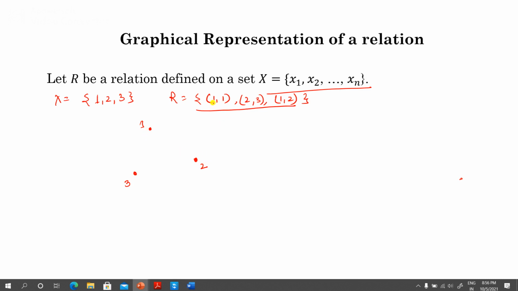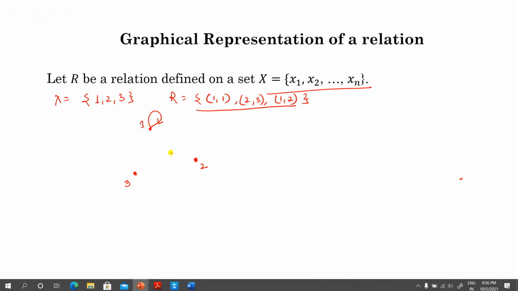Now each ordered pair, (1, 1), we will show using a directed edge from the first vertex to the second vertex. Since both are the same here, we will have a directed edge from 1 to 1. So this ordered pair will be represented by this edge from 1 to 1.